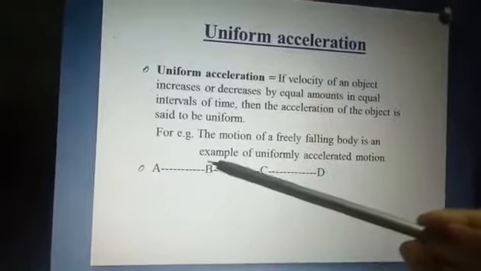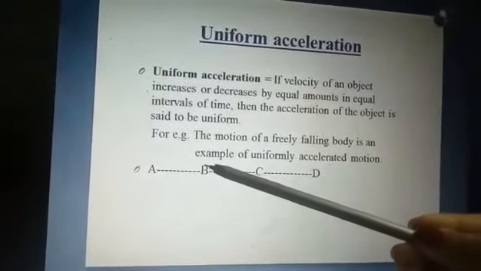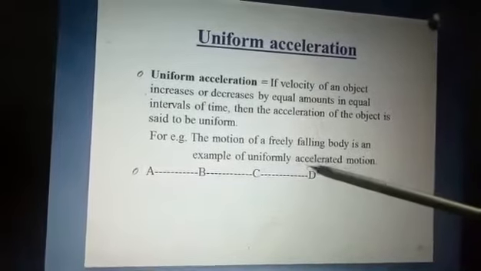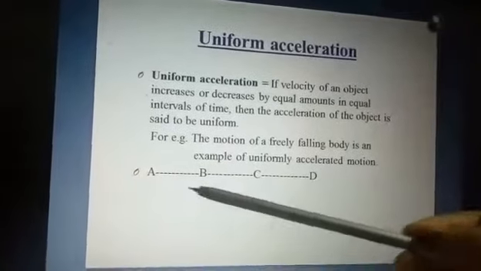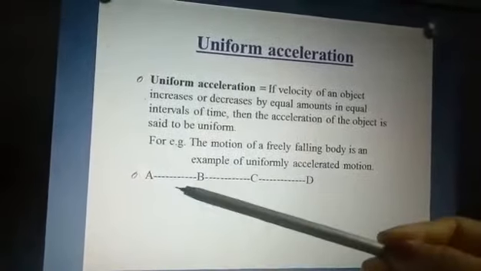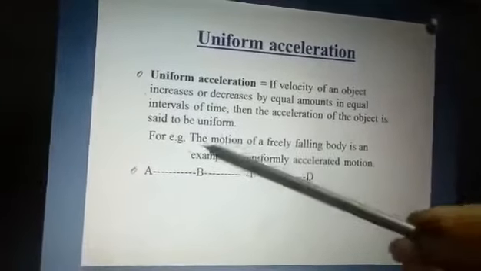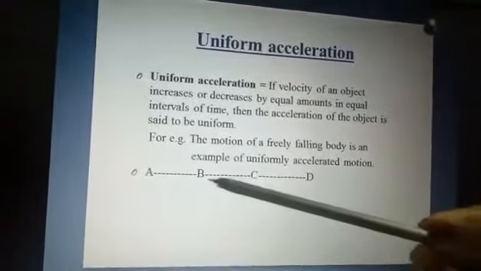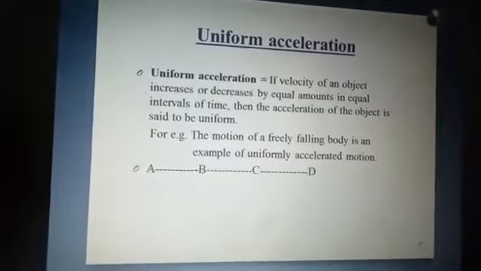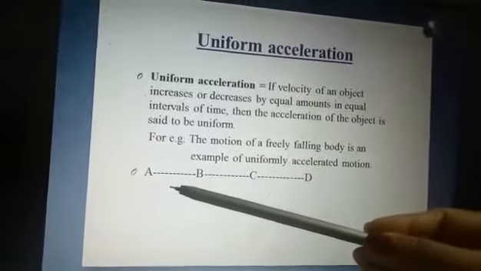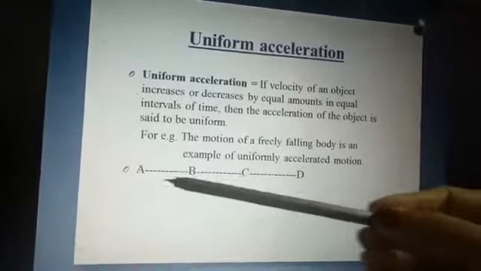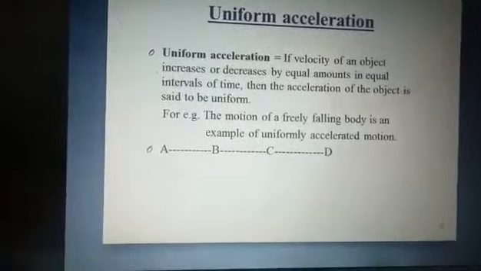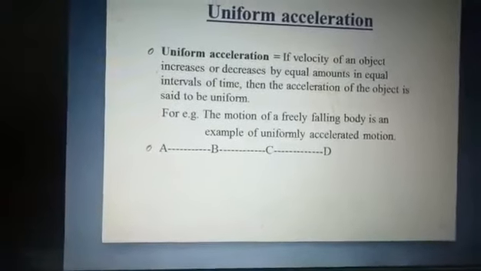Suppose for this journey the velocity is 2 meter per second, for this also 2 meter per second, for this also 2 meter per second, and the time taken for all these is 2 seconds, 2 seconds, 2 seconds. So the overall change in velocity for every case is equal and the time interval is also equal. Acceleration means velocity upon time taken. So for each case it is uniform, it is equal, so it is known as uniform acceleration.